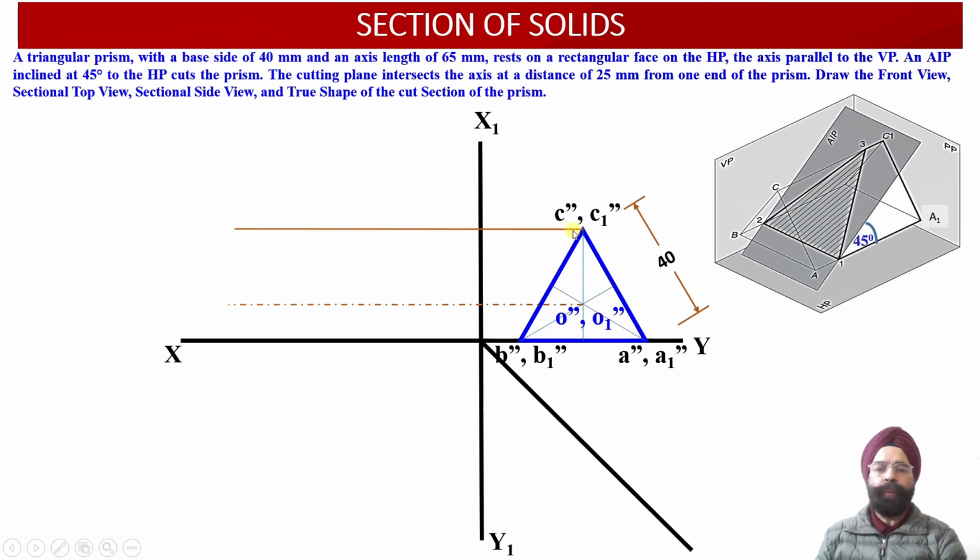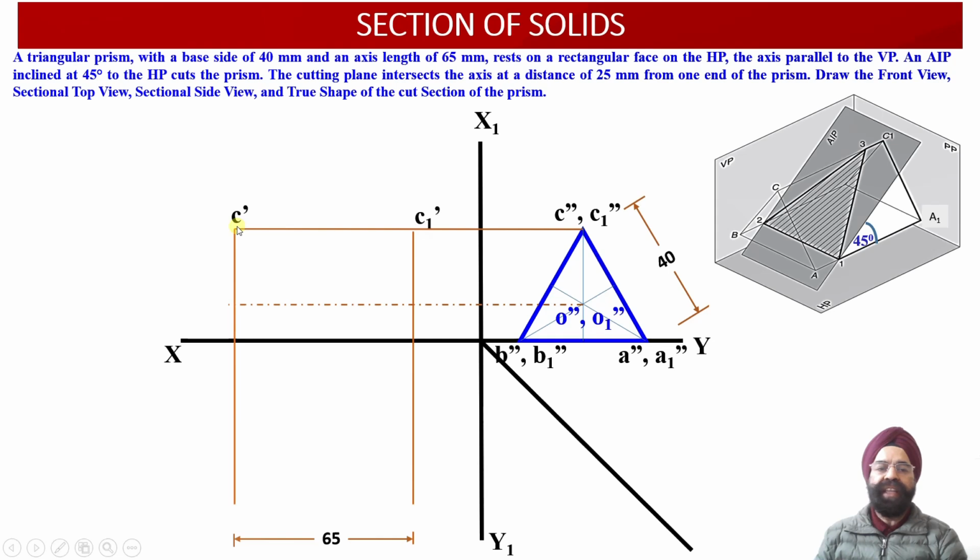Once we have drawn projectors through all the points corresponding to this triangular prism into the front view projection area, we will be drawing two vertical projector lines which will have a distance between them of 65 millimeter, which happens to be the length of the prism. So this way the front view projections of this prism have been obtained.